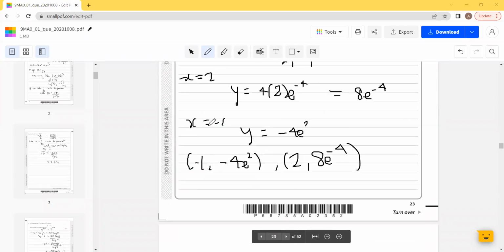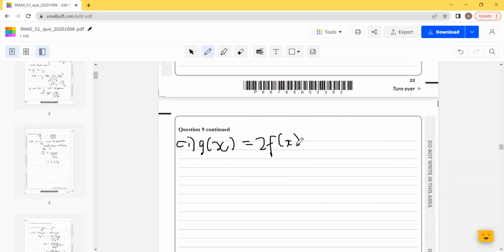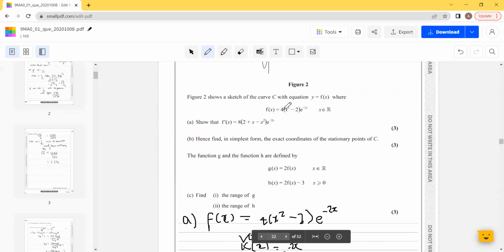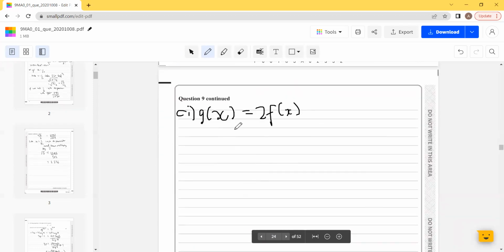Okay, so part Ci. Well, we know g of x is 2 times f of x. So in this case, if we try and sketch the graph again carefully, I'm going to carefully draw what g of x looks like.